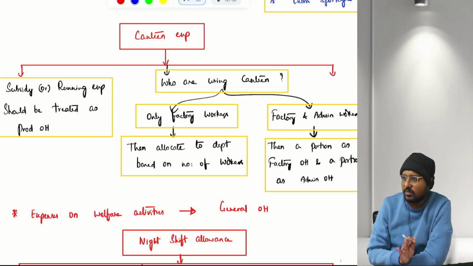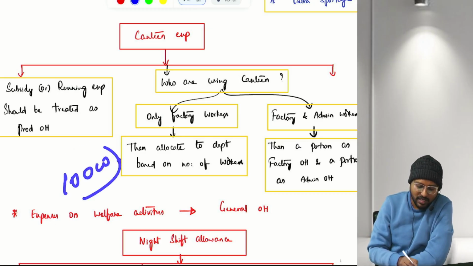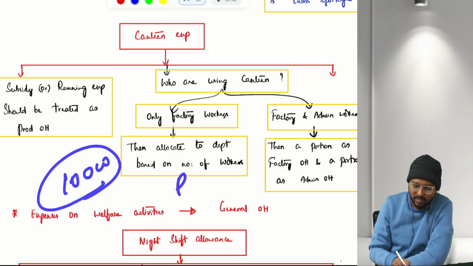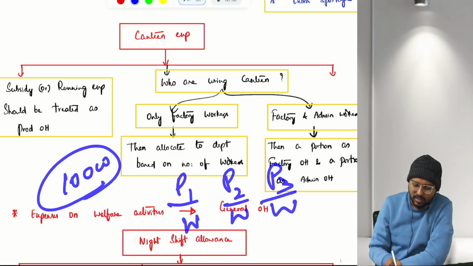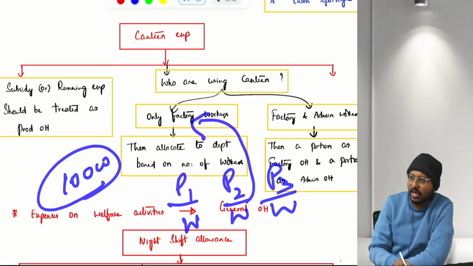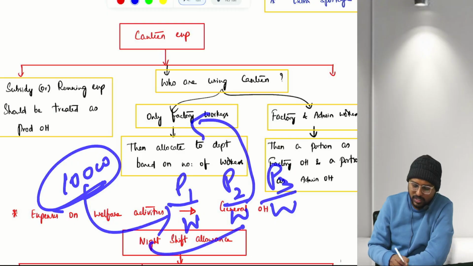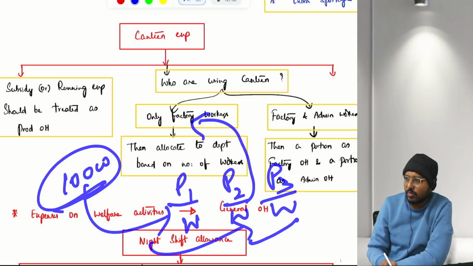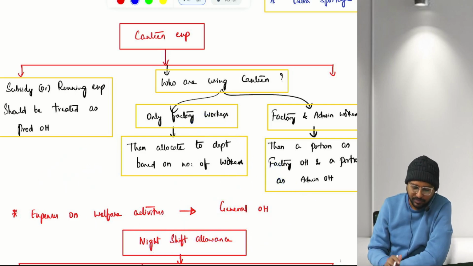It's logical. If 10,000 is your canteen expenditure, there are 3 production departments, and only these workers are eating in your canteen, then this 10,000 will be given to these 3 production departments in the ratio of number of workers. Simple. Got it?